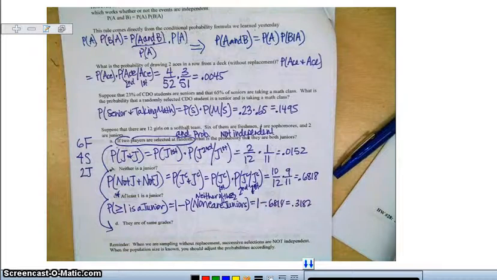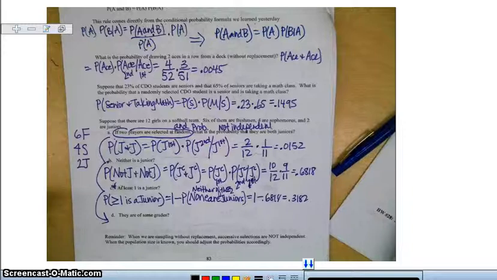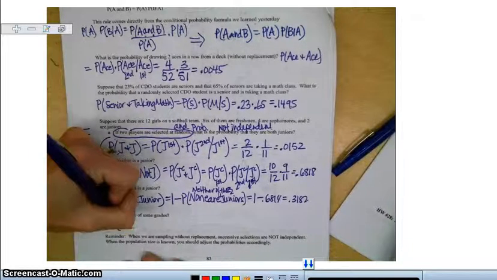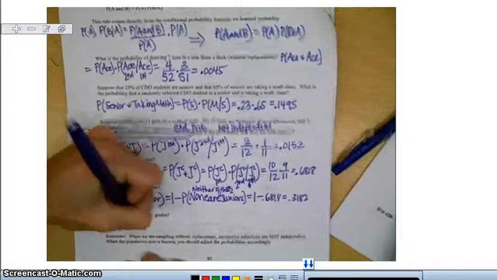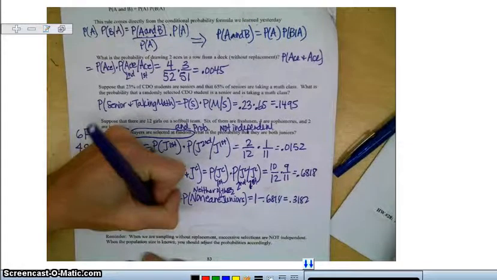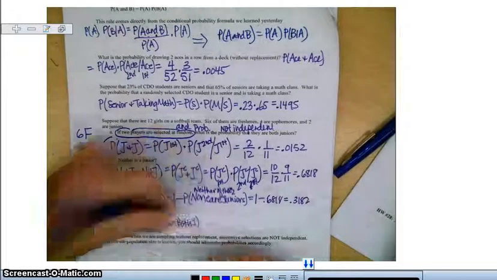All right, so now the last one, all of them are from the same grade. All of them being from the same grade would mean the probability that both are freshmen, or both sophomores, or both juniors.